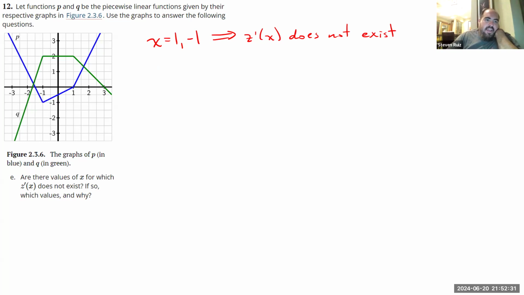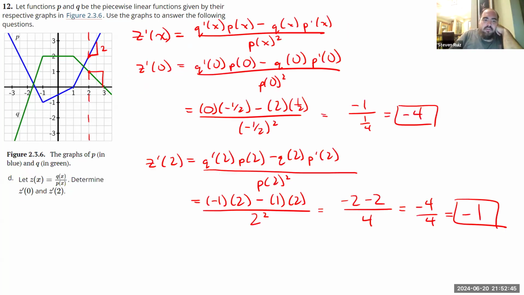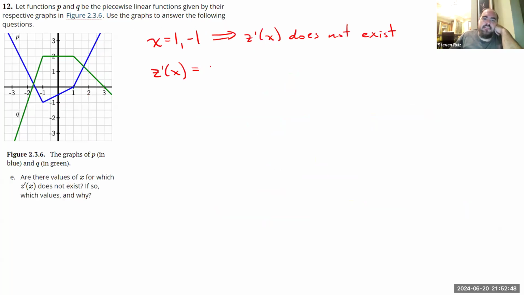There's one more thing we have to worry about here, and to illustrate that, let's remind ourselves of what z prime of x is going to look like. That is going to be, it's q over p, right? Q over p. So q prime of x times p of x minus q of x, p prime of x, all over p of x squared.